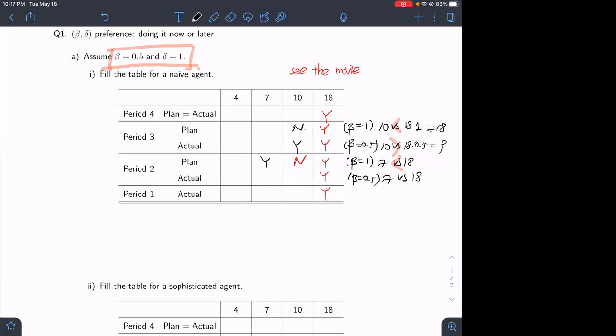So what is different here is that we need to multiply with 0.5 times 0.5, which is 9. And then we can see that this number is larger. So he's also saying no here.